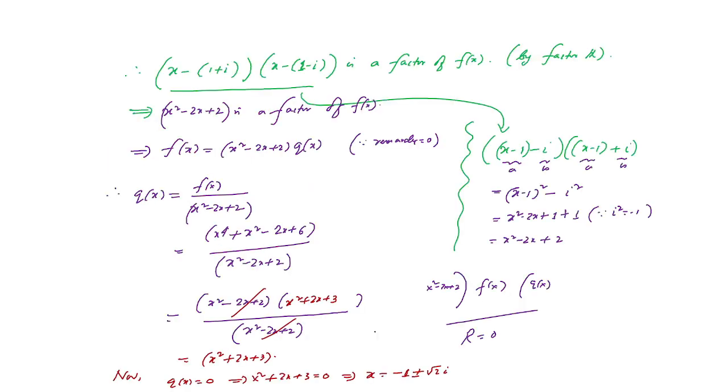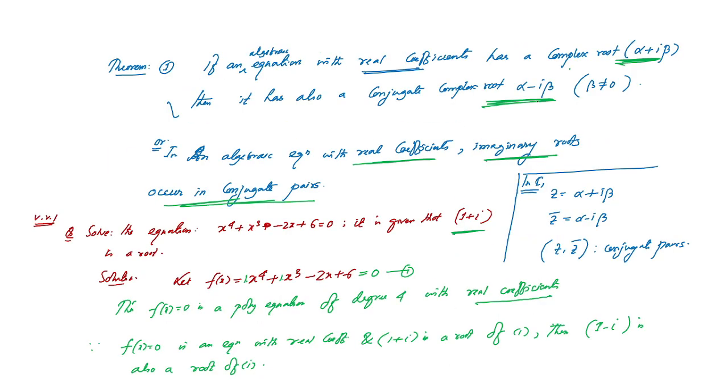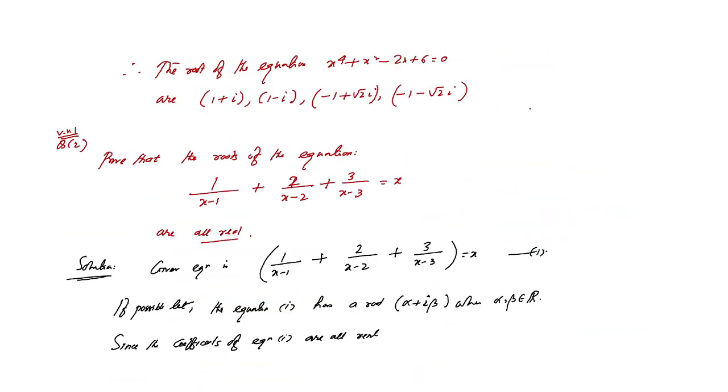So by the above theorem, if alpha plus i beta is a root, then alpha minus i beta is also a root. So alpha minus i beta is also a root of 1.